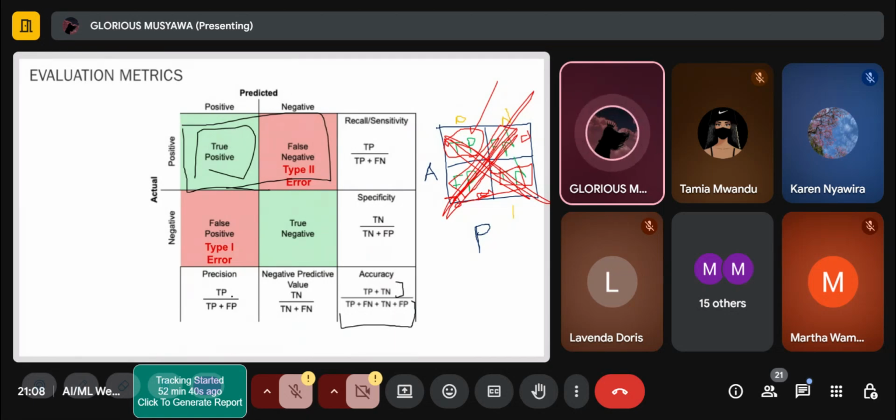Then we have precision, which is the true positive over the true positive plus false positive. Then we have specificity. You might find yourself checking for that, especially when the true negative class matters most, when your spam class matters more than the accurate emails.